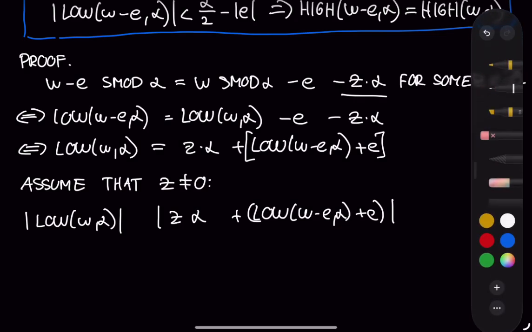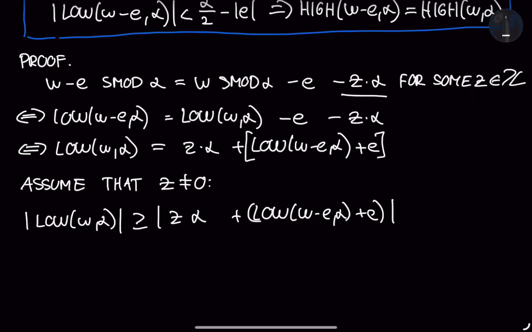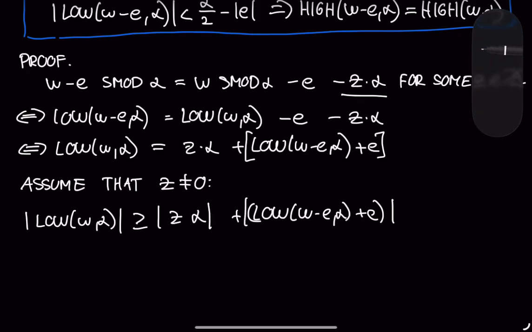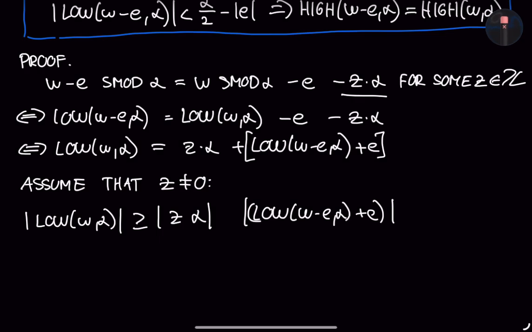So this becomes greater than or equal, and we get a minus. So this is the reverse triangle inequality. Since alpha is a positive integer, we can put the set in this position. So this is the first one.